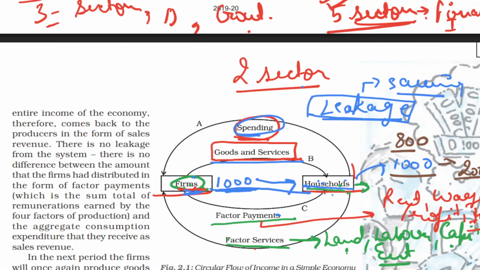Now as a household you will be spending only 800 rupees, you won't be giving 1,000 because you have saved 200 rupees. Now in the second cycle, the firm only has 800 rupees as its income because you have taken 200 out of this circle, right? Now the firm has already spent 1,000 rupees as factor payment, so the firm is in a loss of 200 because of you, because you have taken 200 out of this circle.